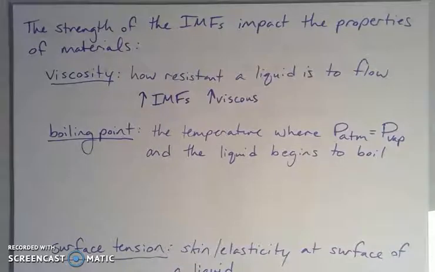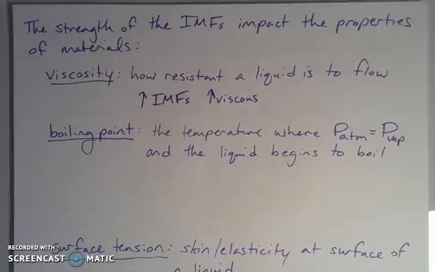Because it likes to stick together, because it wants to stay together, so it's not going to flow as easily through a pipe, or it's not going to flow as easily through a line in your engine or whatever's moving around. You could talk about viscosity of like oil, for example.